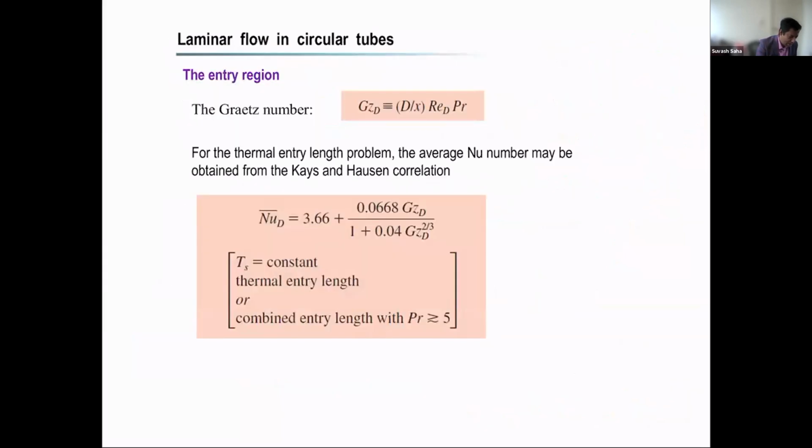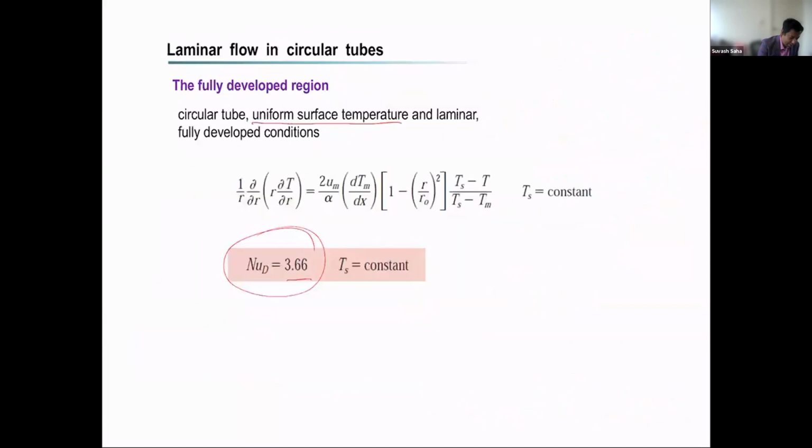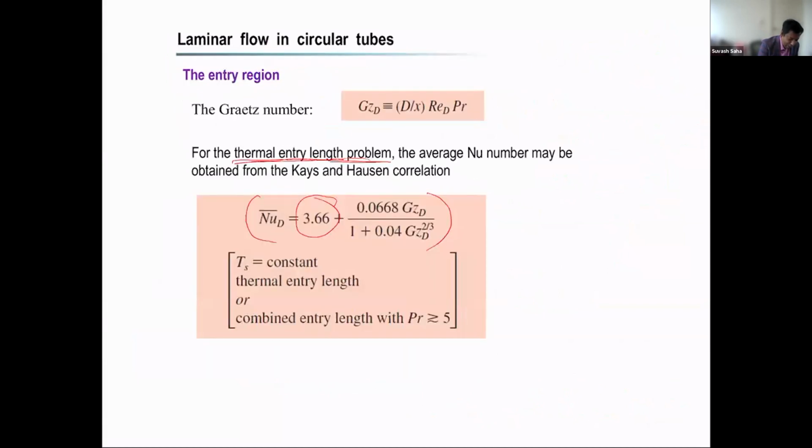So now come to the point. If we have a thermal entry length problem, then we have this correlation. You see, 3.66 for the temperature condition, plus we have some correction terms.